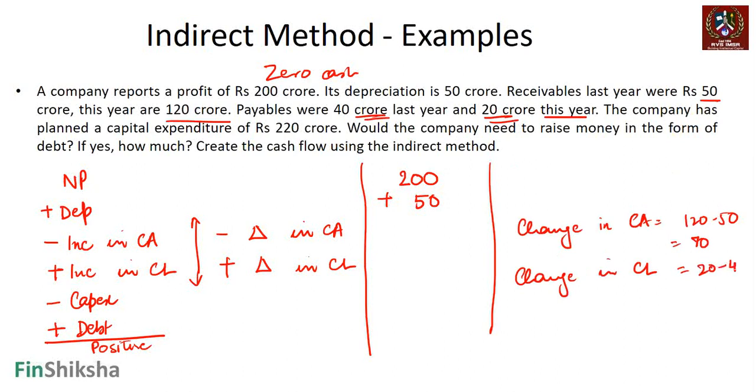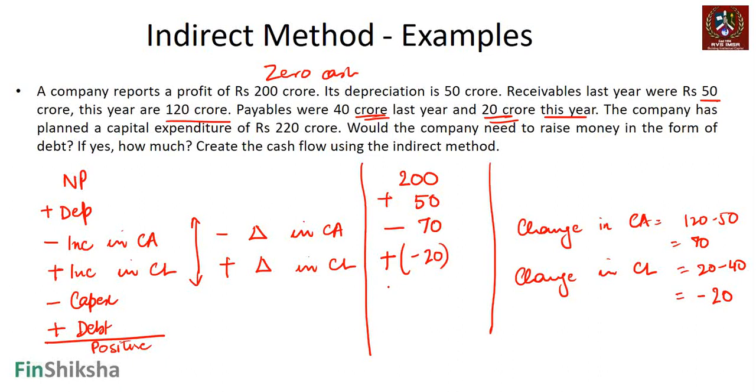So 20 minus 40, remember this year minus last year, is minus 20, right? What do we do to change in current assets? We subtract it. So minus 70, and we will understand this in a moment. And what do we do to change in current liabilities? We add minus 20. So effectively we will end up subtracting 20, right?